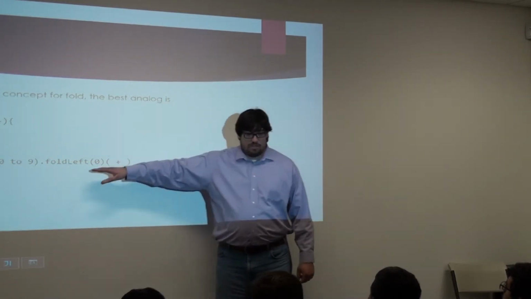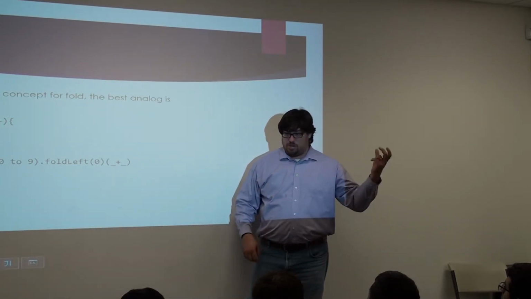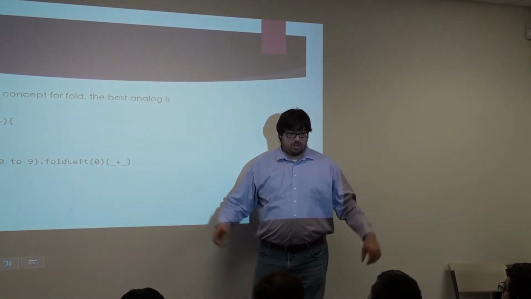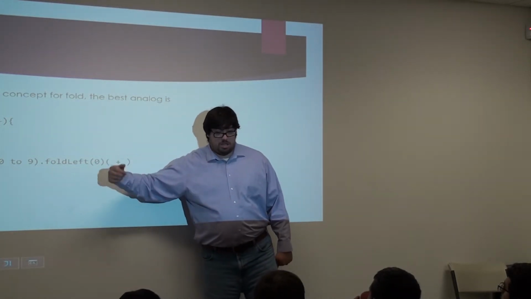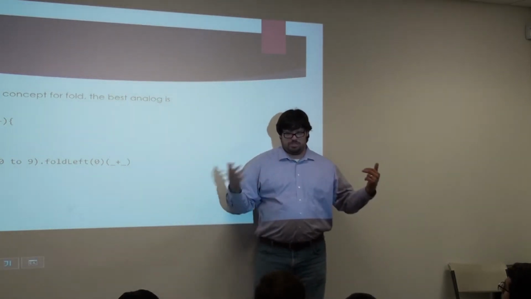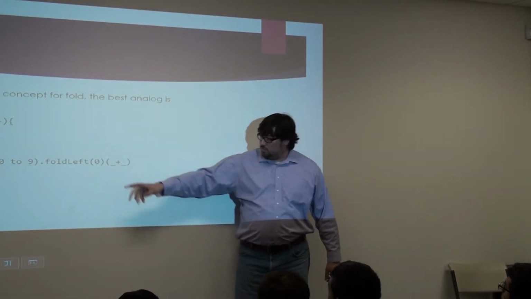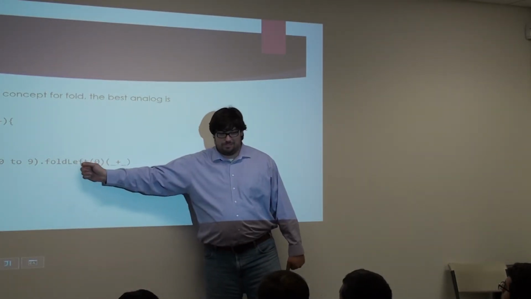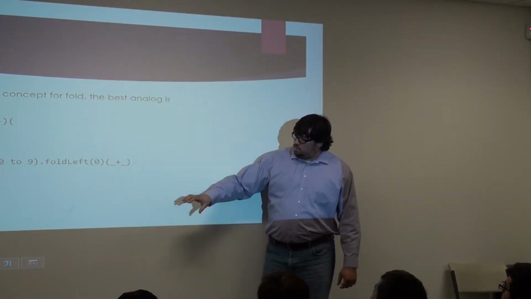Group by is obviously more useful when you have multi-value collections and you have a key you can group things by. So I could have come up with 2 sums, grouped by the key being whether the number is divisible by 2, so I come up with the sum of the even numbers and the sum of the odd numbers. Group by is good for that. Group by combined with aggregate falls into that same pattern.